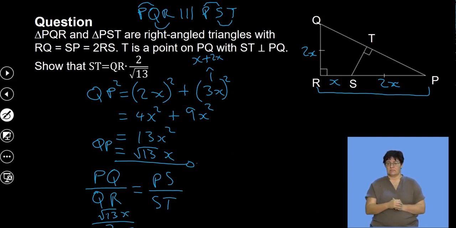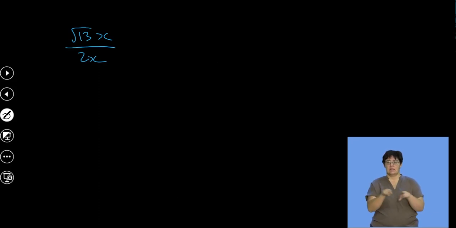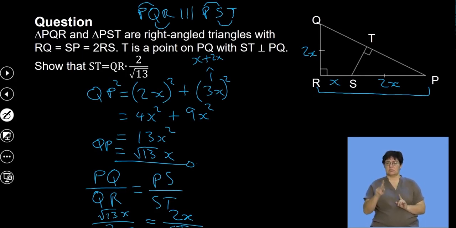So this is 2x, and this is equal to my PS, which is also 2x, all divided by the ST, which is what I'm trying to make the subject of the formula. So I will write the ratio. It's square root of 13 x over 2x is equal to 2x over ST. Let's just verify quickly. It's PS, and that's 2x, yes. ST, and that is what we do not know, right?